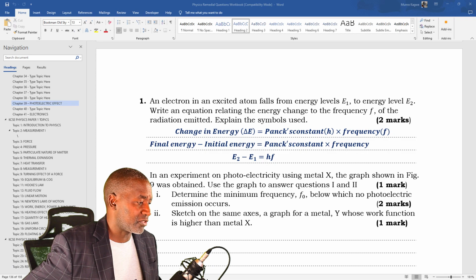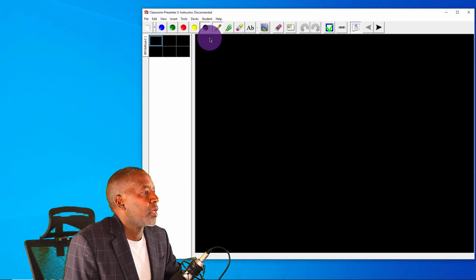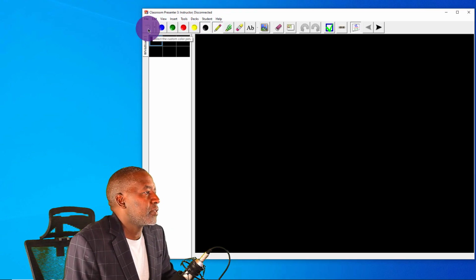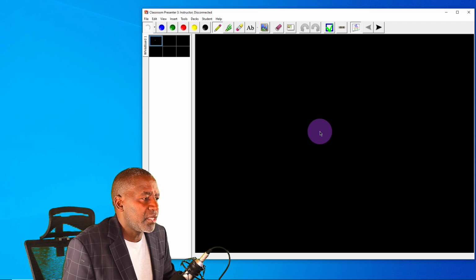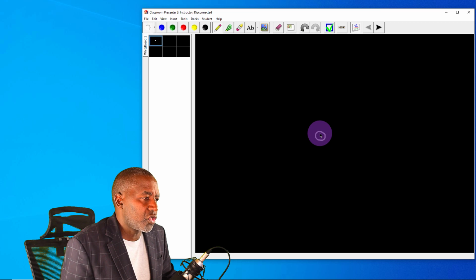Let me just illustrate that here. We can consider this to be the nucleus of the hydrogen atom. It's got only one proton and it's got the first energy level where an electron can be. This is the farthest the electron can go.